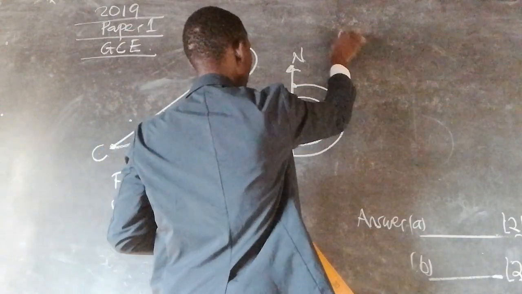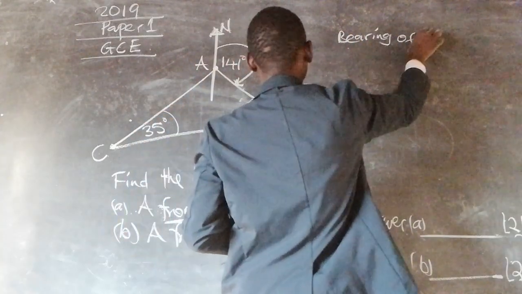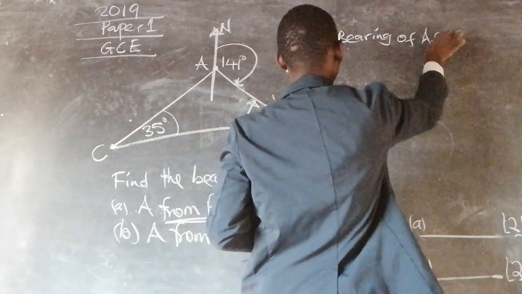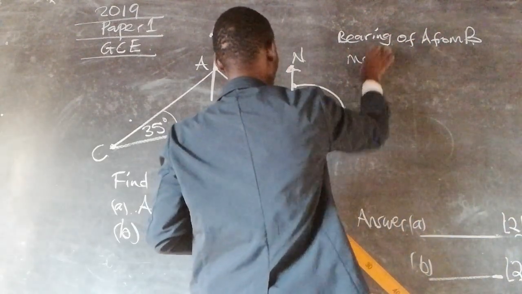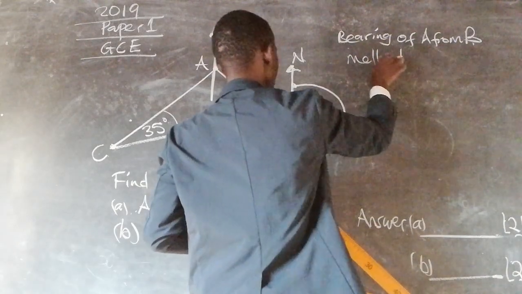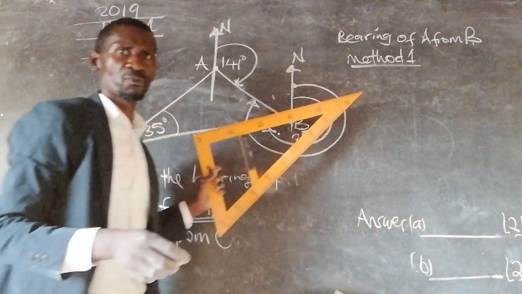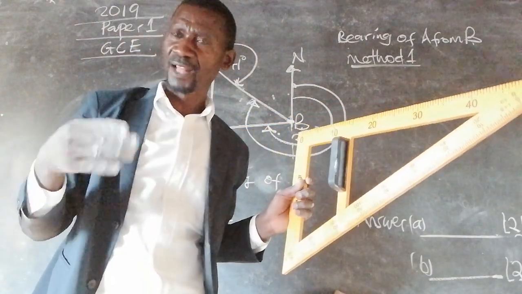Let me show there. Bearing of A from B. Method 1. Mind you, in my examples I showed 2 methods. Even here we are going to use 2 methods, but in order to beat time in an exam, just rely on one method.